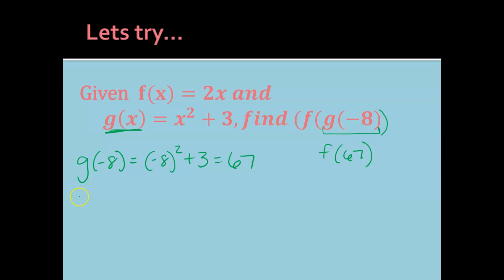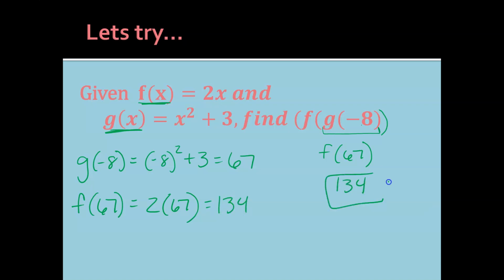So now I need to figure out what f of 67 is. So I'm going to take my f function and replace all its x's with 67. So I'm going to say 2 times 67. And my answer is 134. And that is your final answer. Okay? All right.